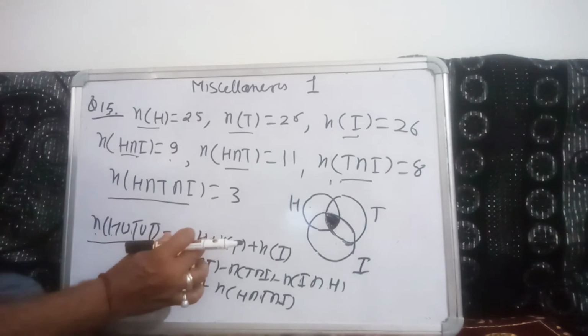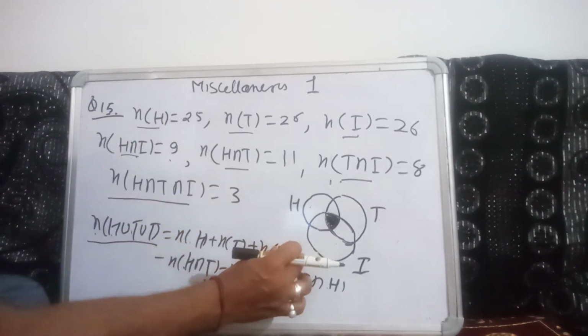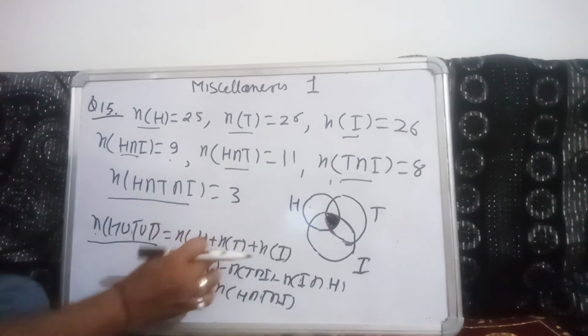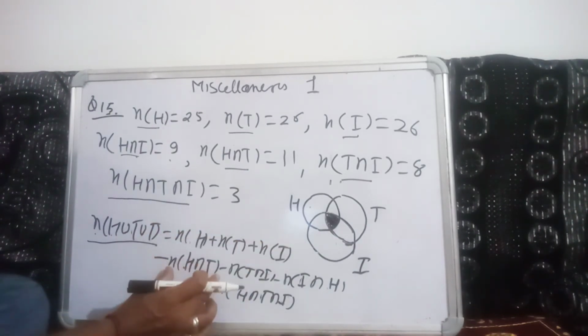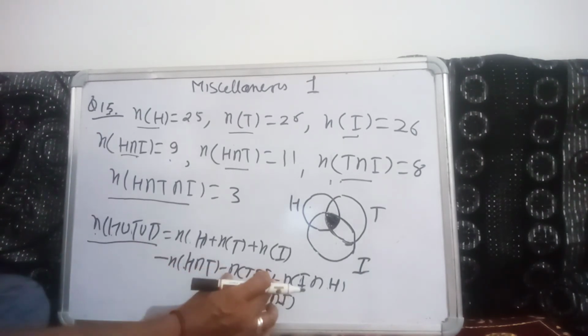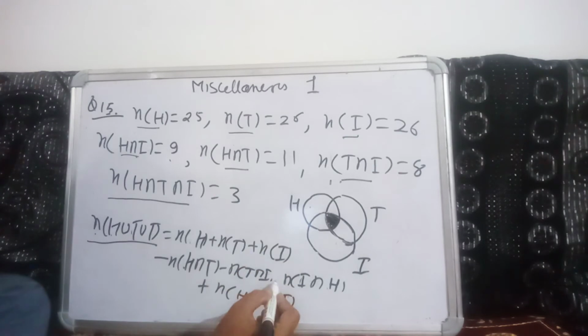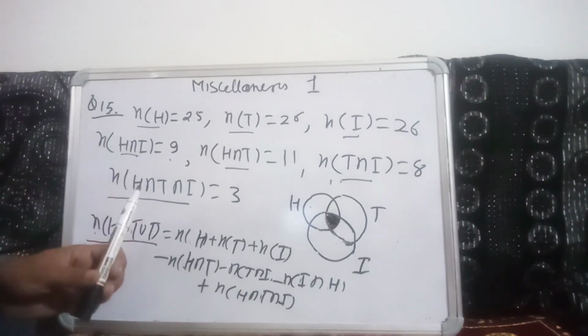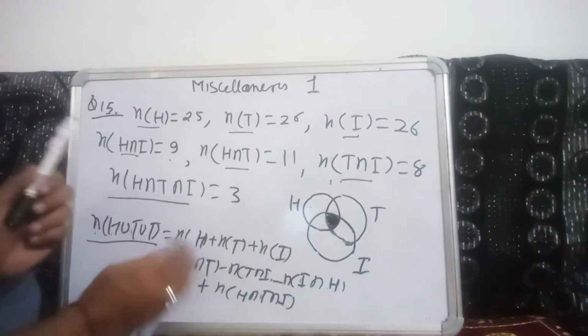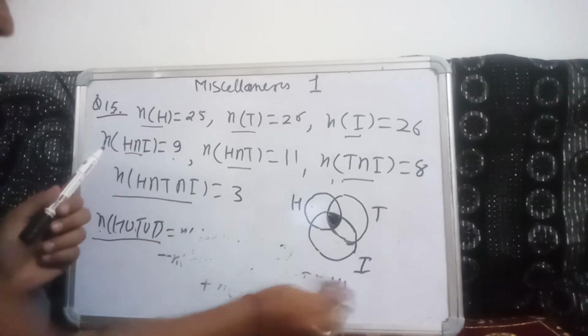And this means the number of people who read at least one of the newspapers H or T or I. So you just have to put these values: n(H) plus n(T) plus n(I), then minus their intersections, and plus n(H intersection T intersection I). Because the space is less here, we can directly write it here.